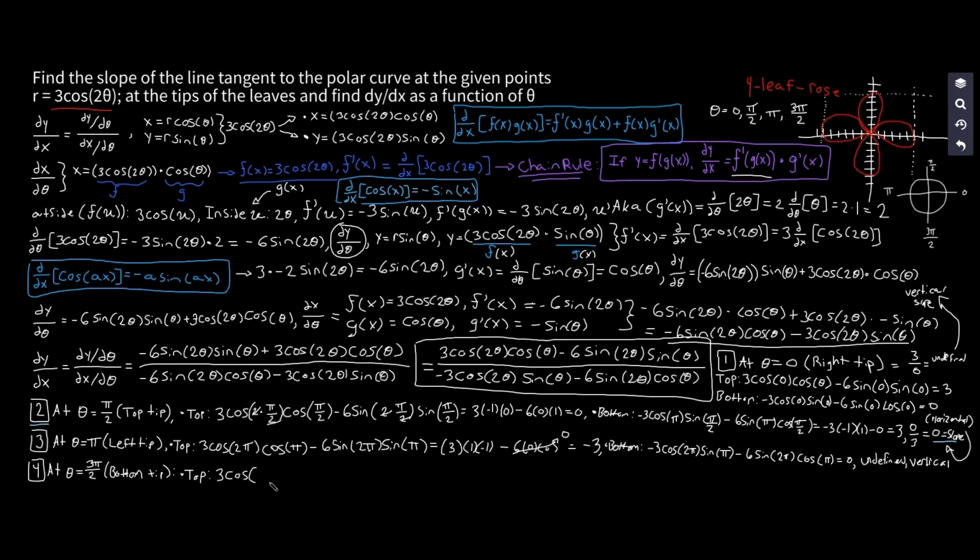So we're just going to stick a 3 pi in there, times cosine of 3 pi over 2, minus 6 sine of 3 pi, times sine of 3 pi over 2.